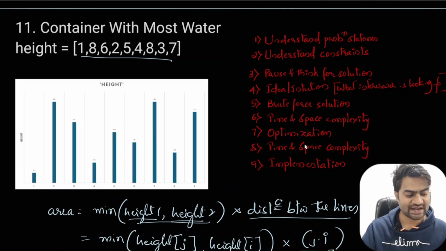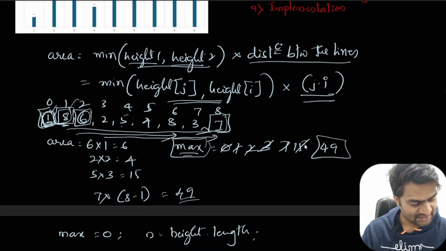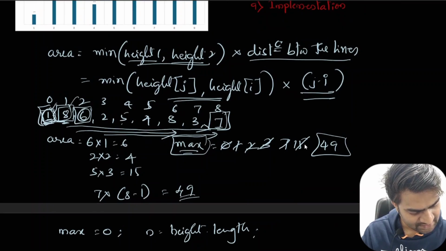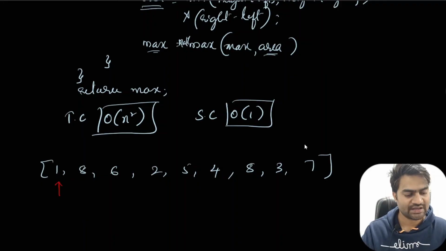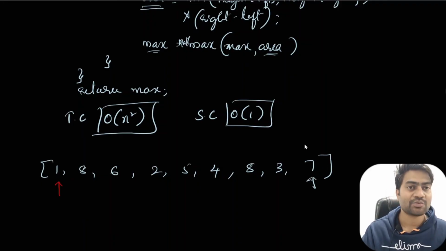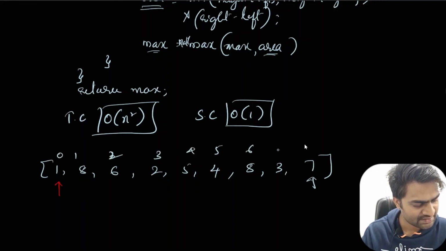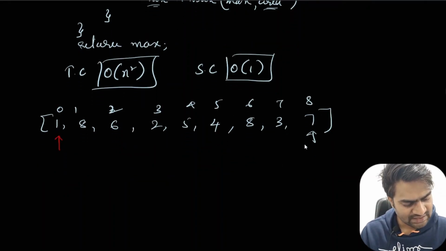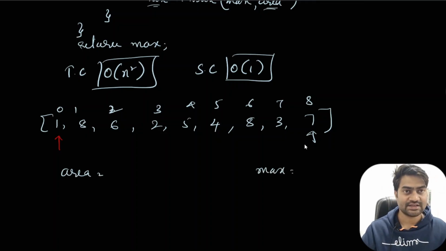Okay, keeping that in mind, let us see this example. Again, I will take this array. Now I will keep a left pointer here and a right pointer here. We already know the indexes 2, 3, 4, 5, 6, 7, 8. Now I will take area, and then again a max variable.